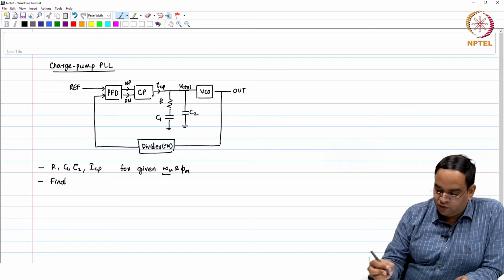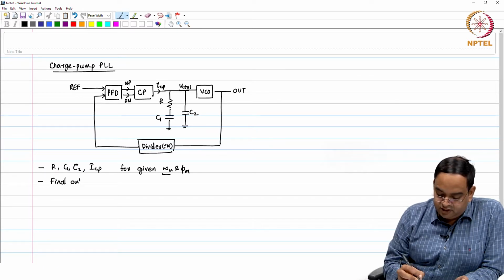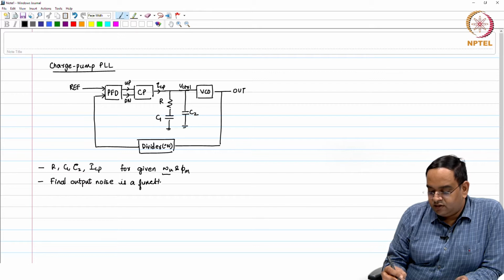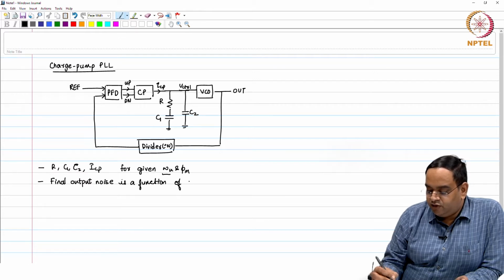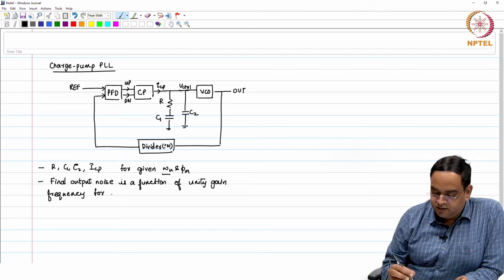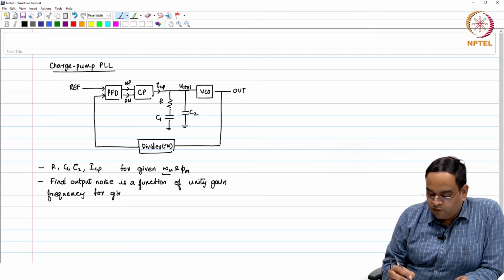Right now we do not know the meaning of this noise, but give me a minute. Final output noise is a function of unity gain frequency, for given loop components.